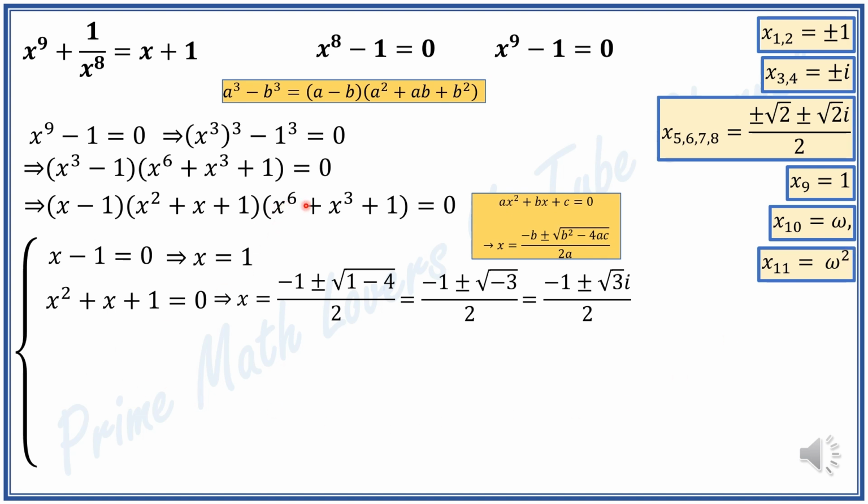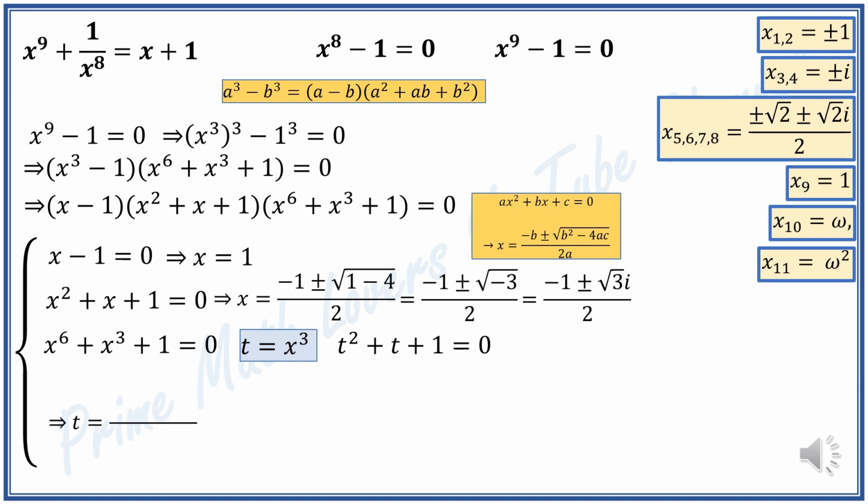Next step, I need to solve this equation: x to the power of 6 plus x to the power of 3 plus 1 is equal to 0. I'll use a substitute variable called t and set t equal to x cubed, and I get t squared plus t plus 1 is equal to 0, which is similar to the previous equation. And the answers are the cube roots of unity, omega and omega squared.